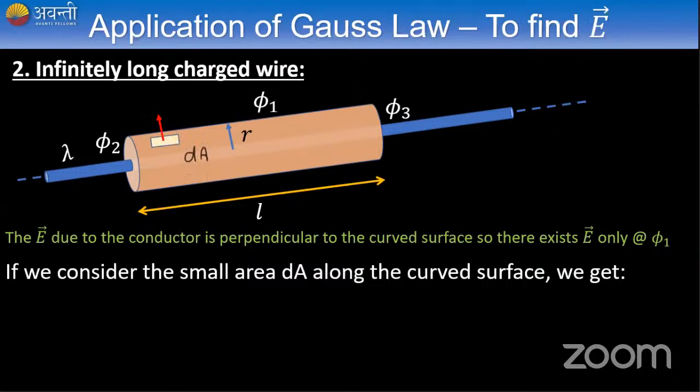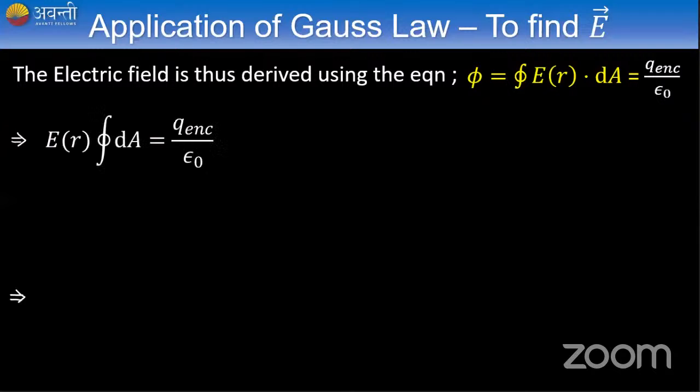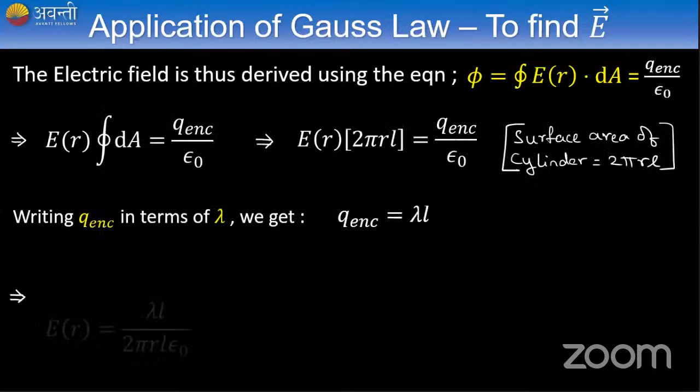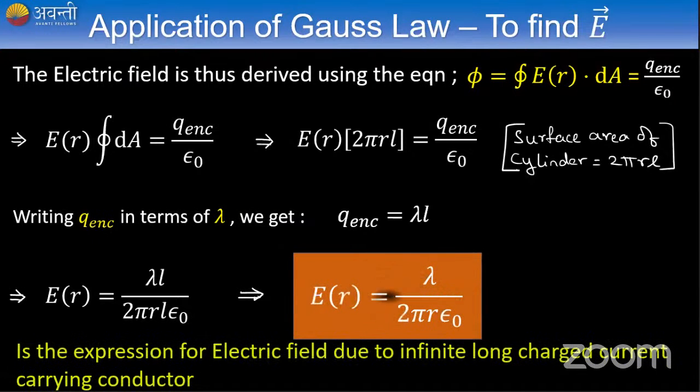Then the flux was given using the area vector and direction as phi is equal to integral E dot dA. On simplifying, we get the electric flux E times 2 pi R L is equal to lambda L by epsilon naught. That is, on simplifying, we get E is equal to lambda by 2 pi epsilon naught R. So this was the expression for the electric field we got for an infinitely long conductor.